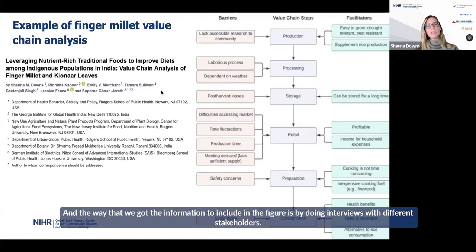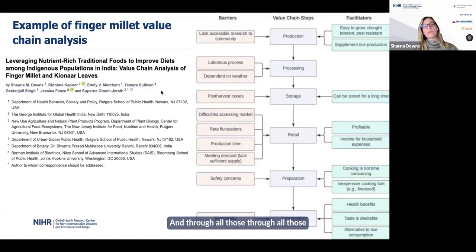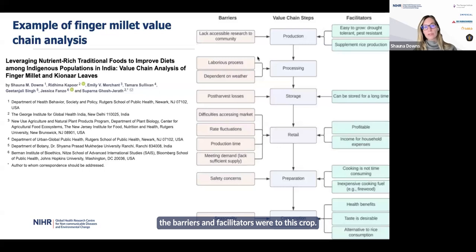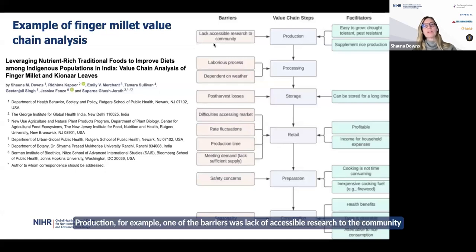The way that we got the information to include in the figure is by doing interviews with different stakeholders. And through all those pieces of information from what people told us, we were able to identify what the barriers and facilitators were to this crop. So in terms of production, for example, one of the barriers was lack of accessible research to the community.